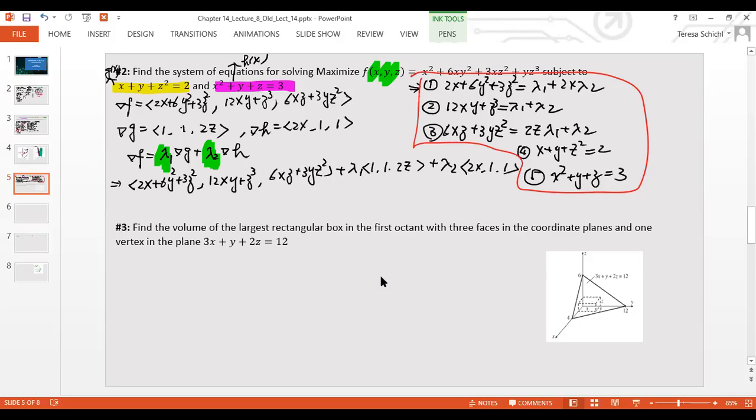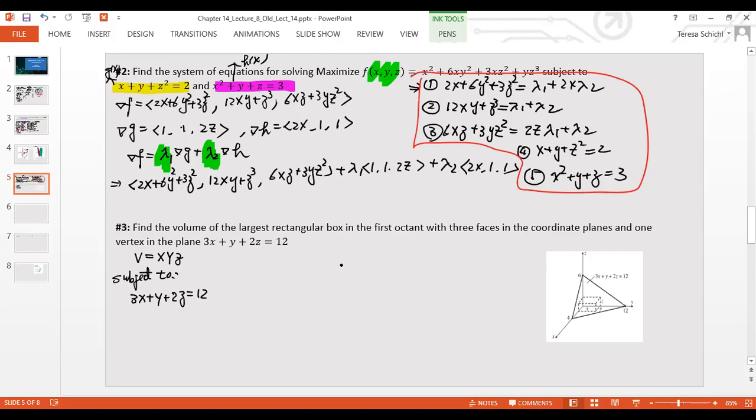Okay, so now let's set it up. We want to find the largest volume. So the volume here will be x times y times z. So this is a function. What is my constraint? It's subject to 3x plus y plus 2z equal to 12.